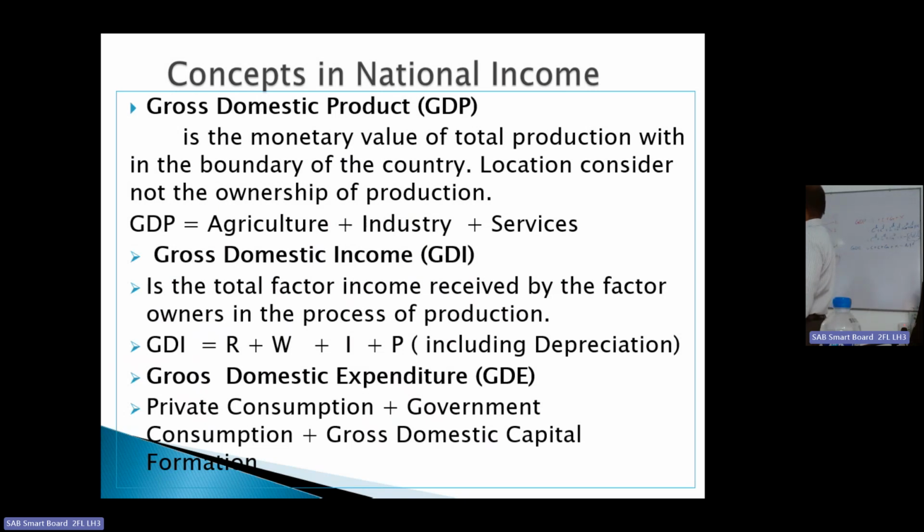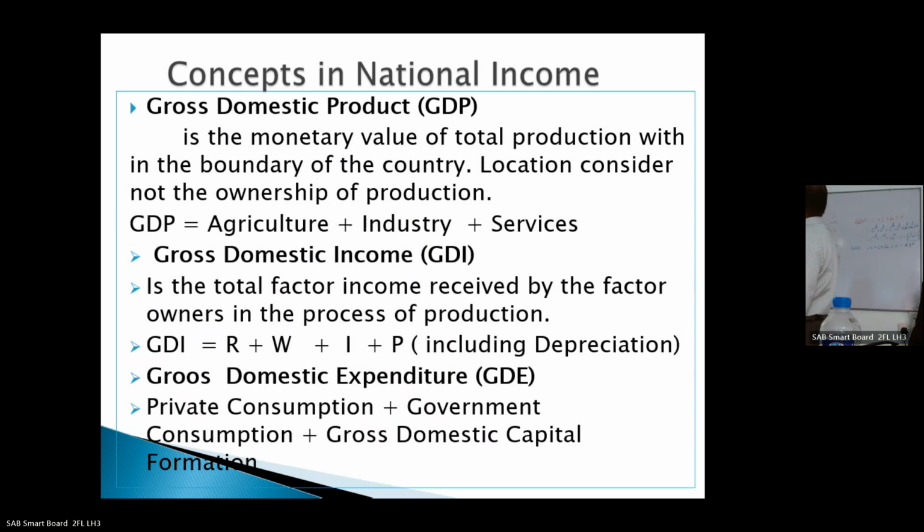So that forms the common expenditure, private consumption, public consumption, and gross domestic capital formation, meaning investment. Private consumption is C, common consumption we denote as G, and gross domestic capital formation is I, investment.